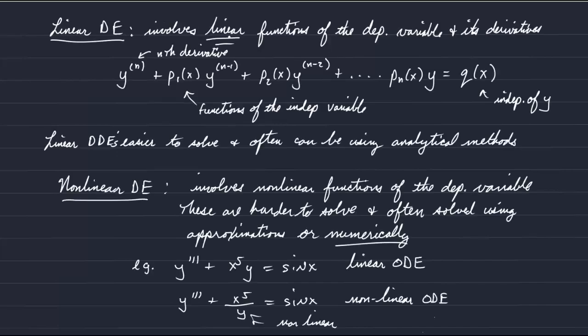A homogeneous ordinary differential equation is one in which the part that's not dependent on y or its derivatives is 0. So remember our general form of our linear ODE.